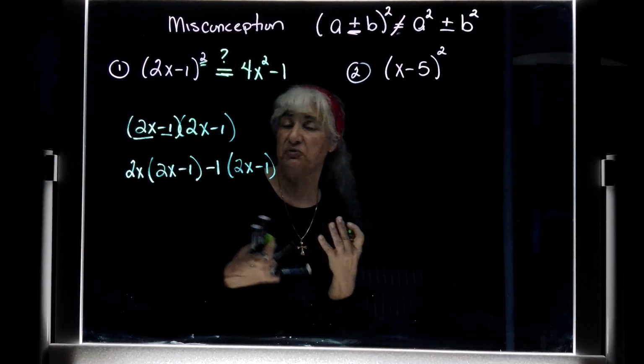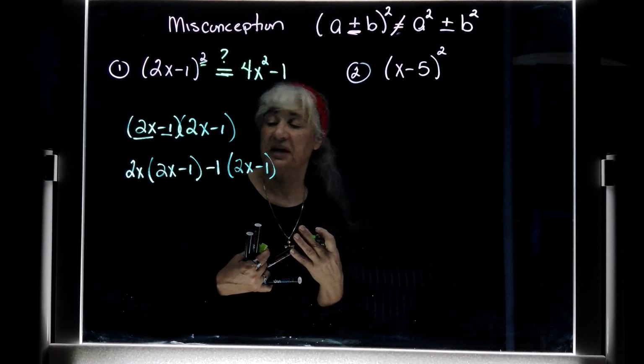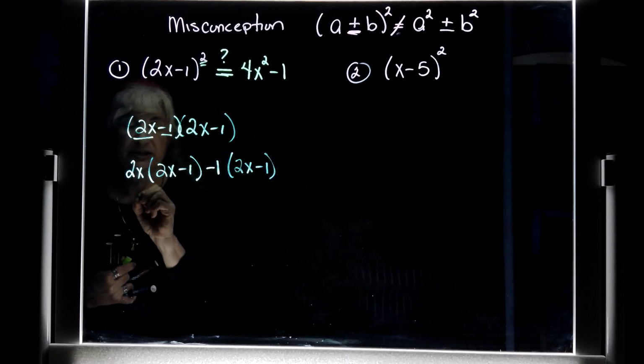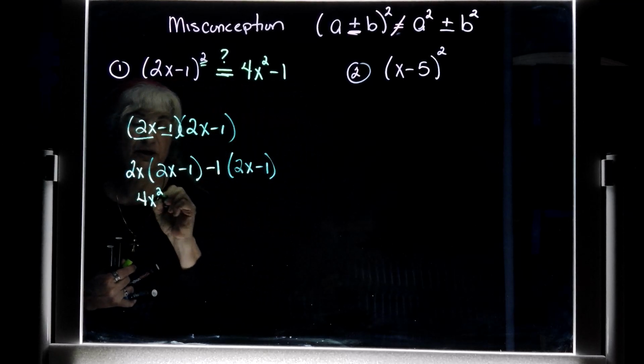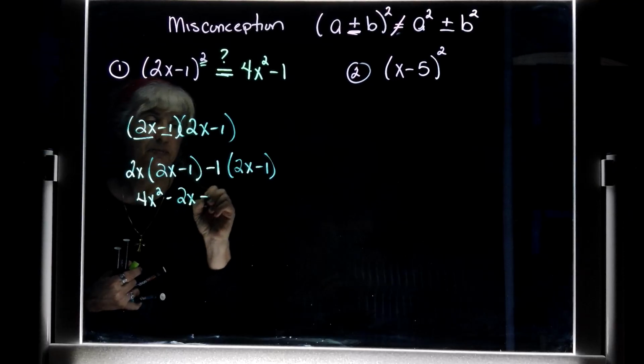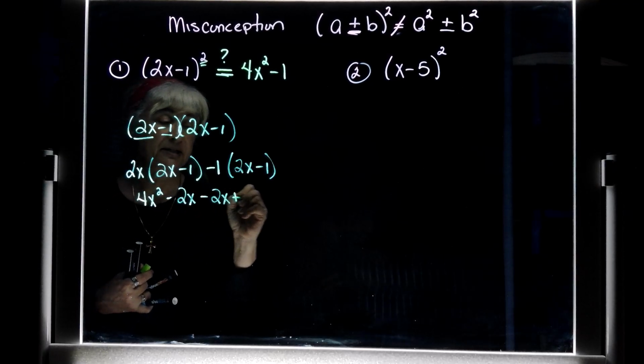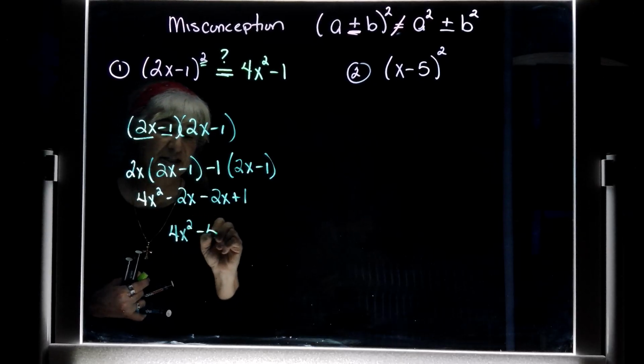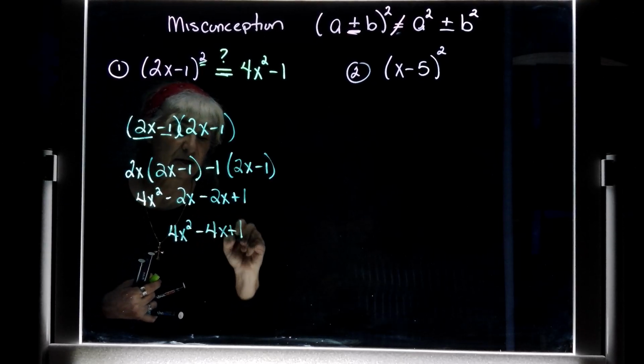Some of you don't need to do it this way, and some of you are like, hey, I kind of like it. You know who you are. So let's see. We get 4x squared minus 2x plus 1. So we get 4x squared minus 4x plus 1.